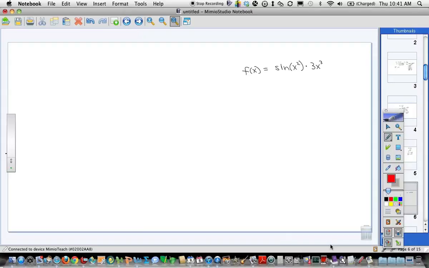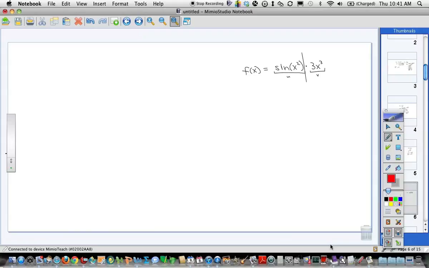Okay? What rule are we going to have to use to do this? Rule or rules, I guess. Product rule and chain rule. Because first and foremost, it's a product rule, because we've got a u times a v. So that's what we have to deal with first, is the product rule.